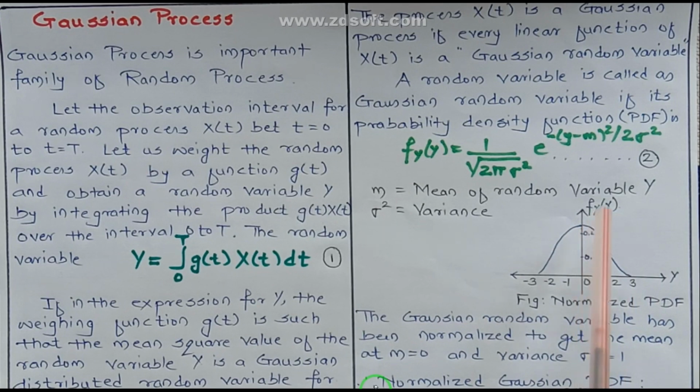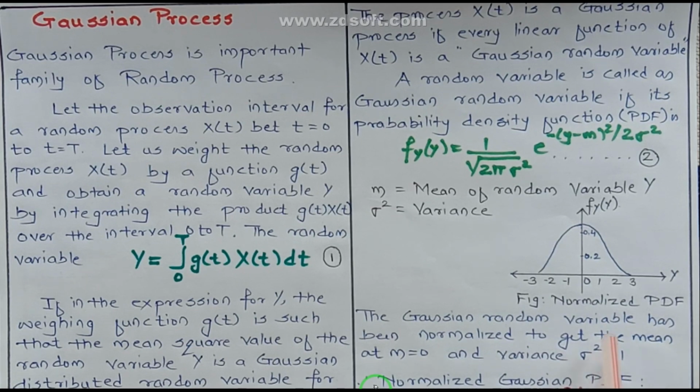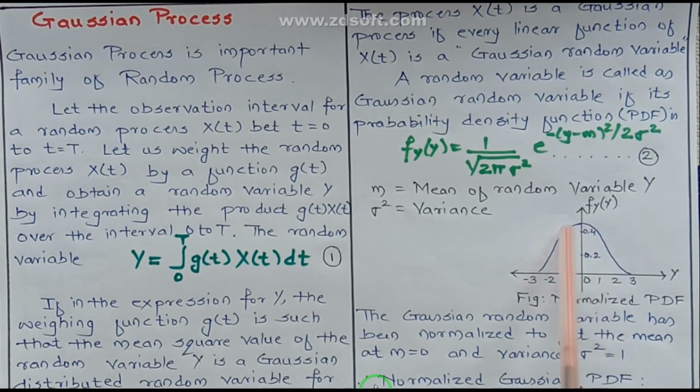You can observe that the Gaussian random variable has been normalized to get the mean at m equal to 0 and variance sigma square equal to 1. At mean equal to 0 we get the peak maximum value of this PDF.